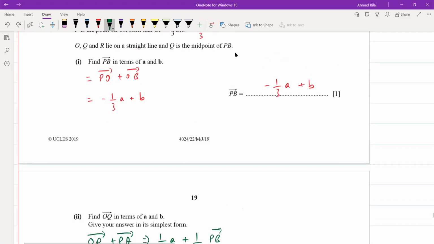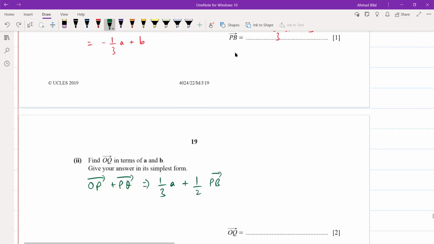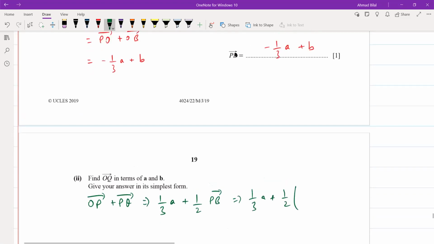PB हमने निकाला है पिछले पार्ट के अंदर, वो यहाँ पे इनपुट कर दें. उसको अंदर इनपुट कर देंगे तो हमारे पास क्या आएगा? 1/3A plus 1/2 multiplied by PB.